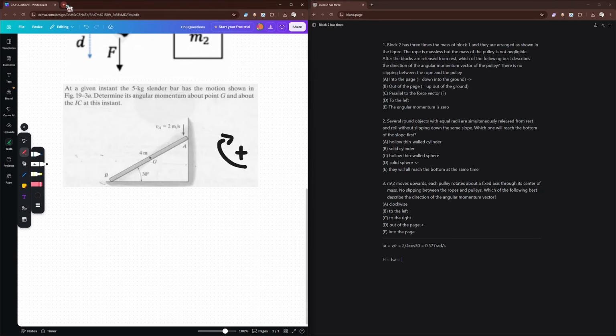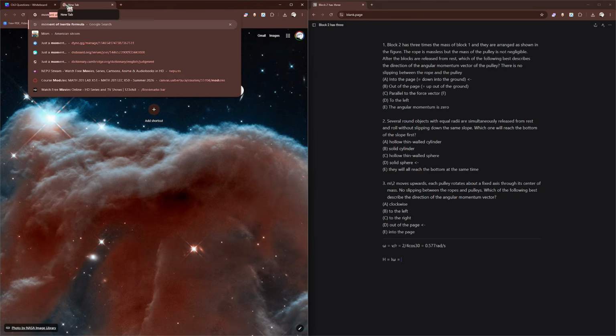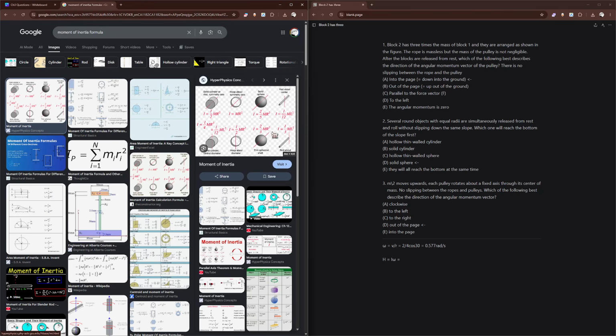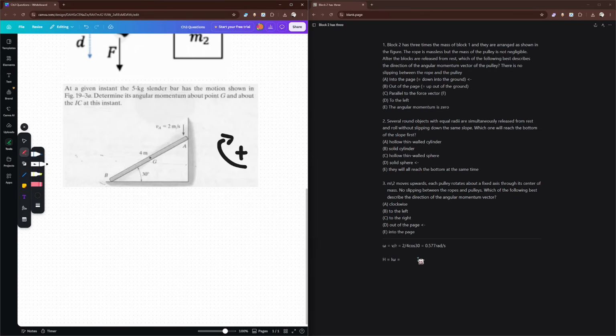If we look at our moment of inertia formulas, slender rod is this one, 1 over 12 m L squared, right? So we got 1 over 12, m, which is 5, L, which is 2, or no, it isn't. L is 4, sorry. So 4 squared.